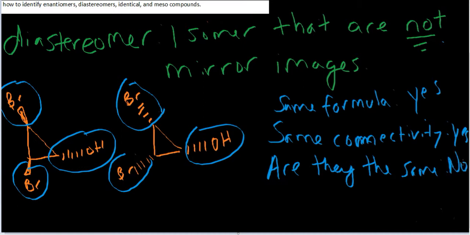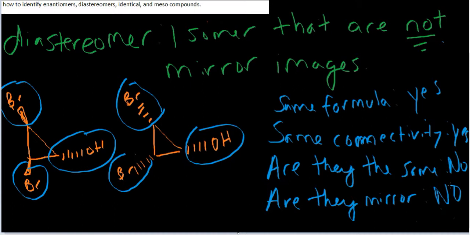And the last but not least question: are they mirror images? Given the definition of a diastereomer, isomers that are not mirror images, no, they aren't mirror images.